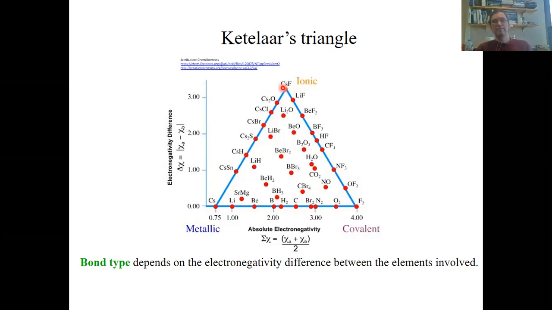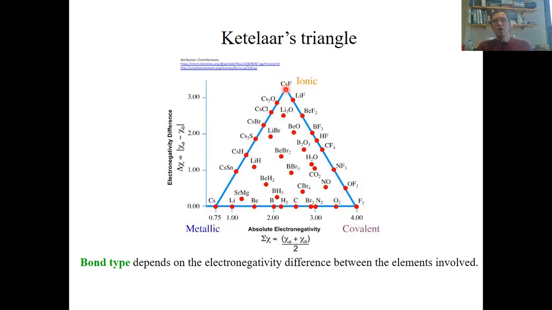The absolute electronegativity of cesium fluoride, which is just the average of the electronegativity of cesium and fluorine, is somewhat intermediate. That defines the position of cesium fluoride in the diagram.